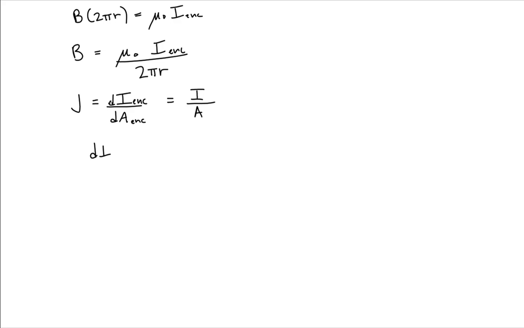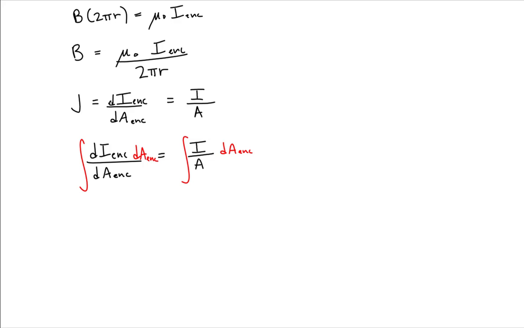Let's take the current density within our Amperian loop, relate it to the current density of our entire wire, and integrate both sides with respect to the area enclosed.